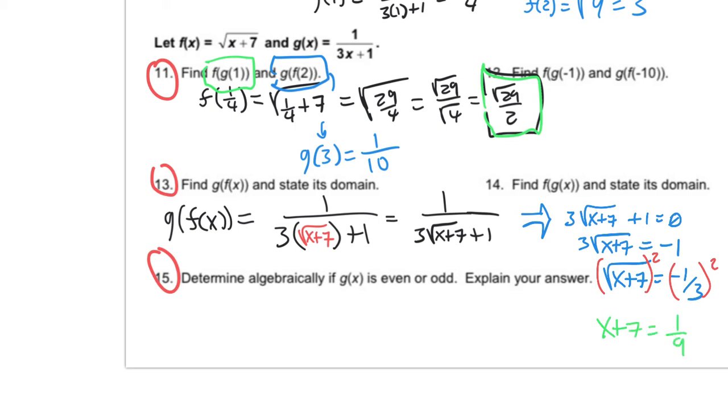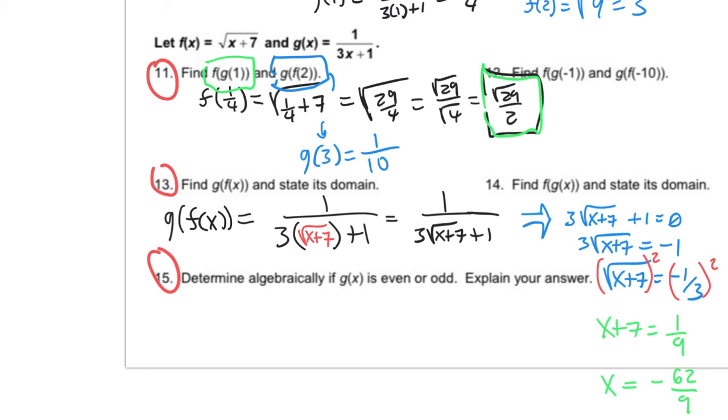And we could subtract 7 from both sides. Now 7 is really 63 over 9. So it's going to be 1/9 minus 63 over 9. And that would be -62 over 9.